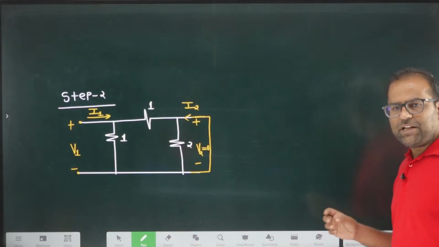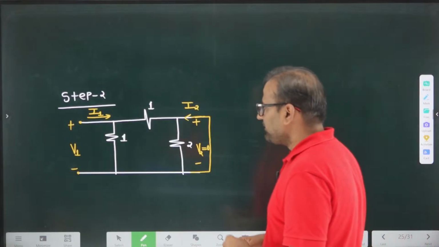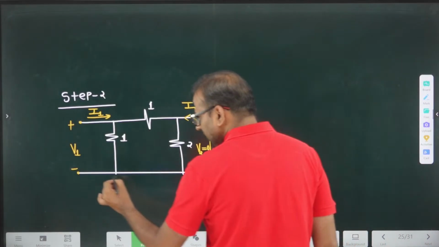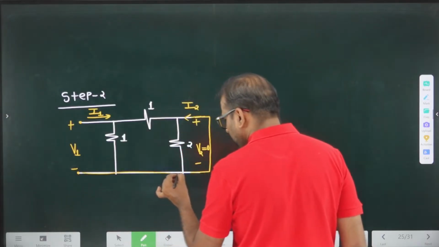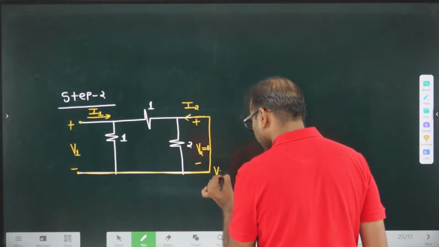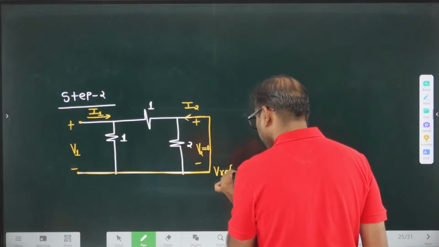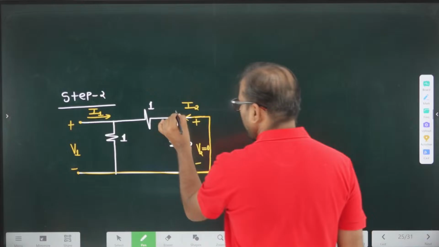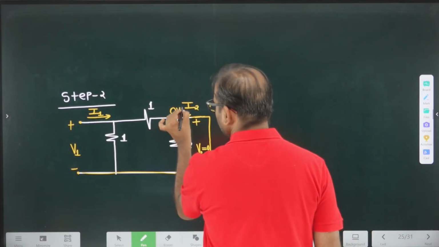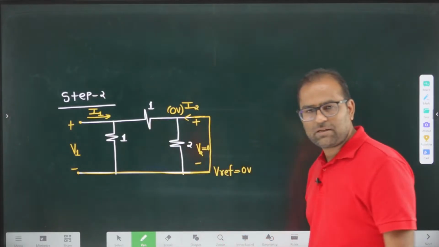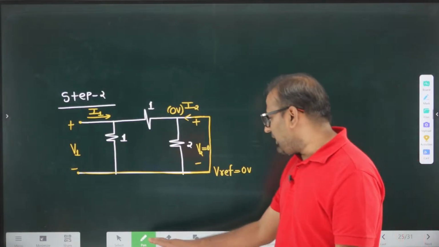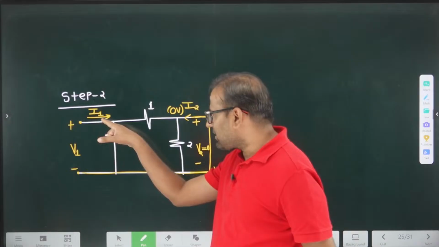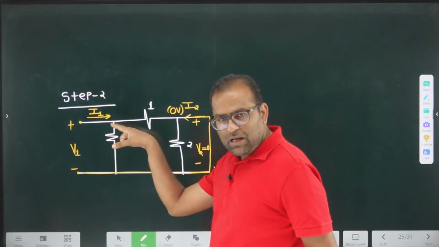By making V2 equal to 0, if I take this point as my reference point at 0 volt, the potential of this point is also equivalent to 0 volt.